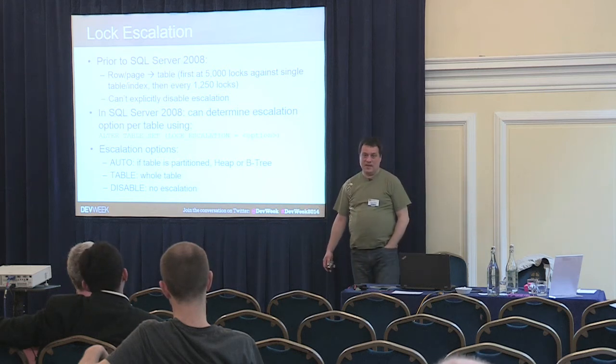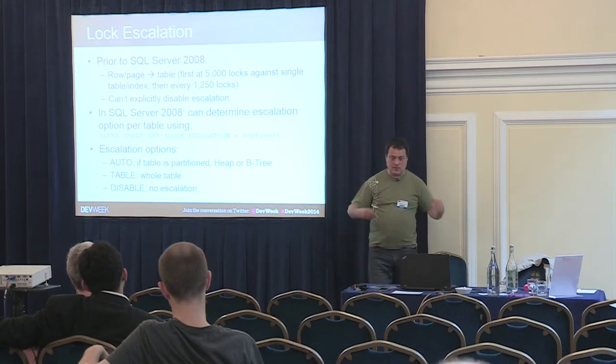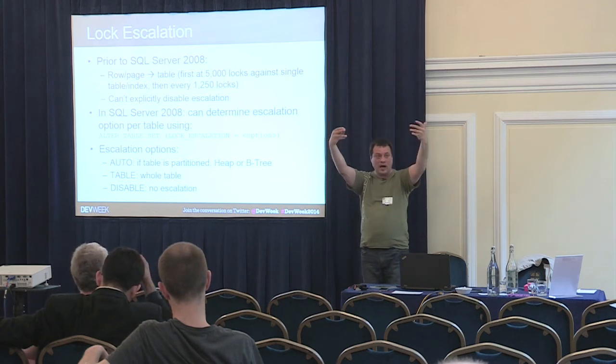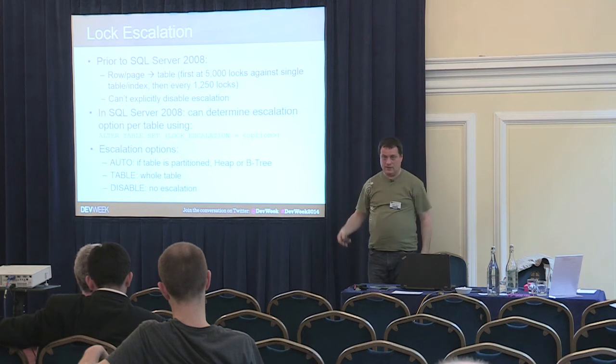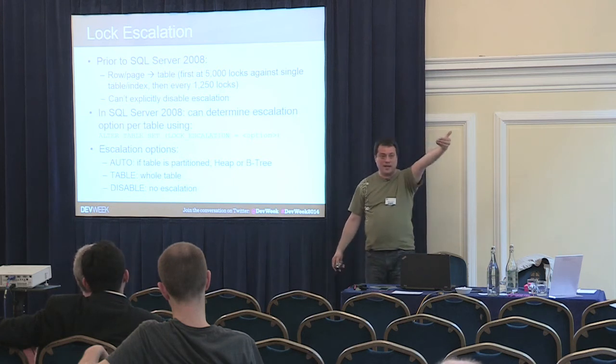Of course, this makes no sense. So we have locking escalation. So SQL Server will automatically escalate if you have too many locks on a higher level. Right? So from row, next higher level is table, not page.